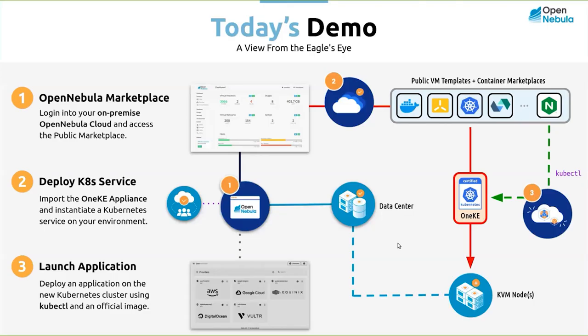In the demo, we will just use on-prem infrastructure, just the normal OpenNebula instance that has nothing weird. We will download the appliance from the public marketplace, and we will deploy the service.